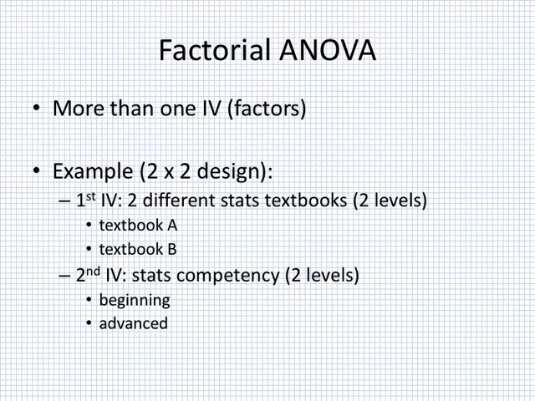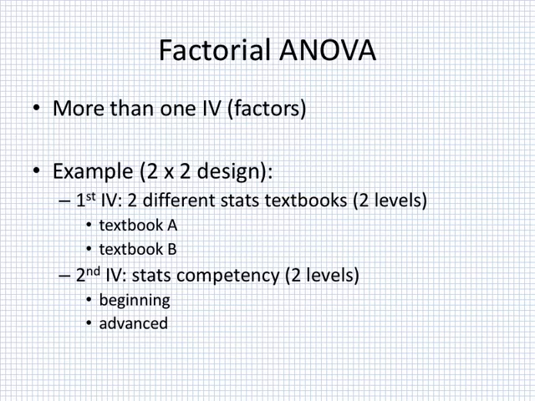In addition to two different textbooks, textbook A and textbook B, we also separate the class or participants into beginning level or advanced students, like students who've taken only 2 or fewer classes versus students who've taken more than 2 classes, just for example. And so there are 2 different IVs, and then we're going to look at how they compare on the outcome variable, stats exam results.